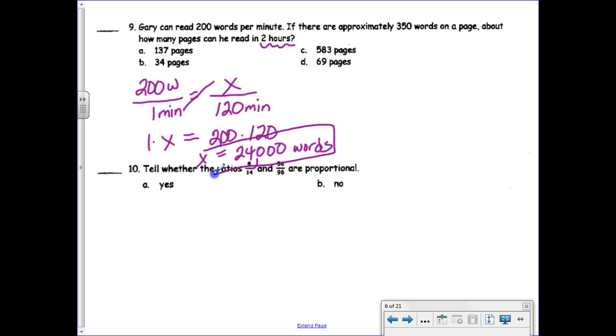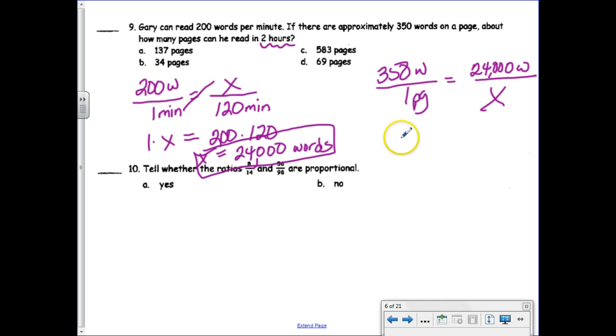How does that equate to pages? Well, here's this rate, 350 words are on one page. So if I have 24,000 words, how many pages is that?